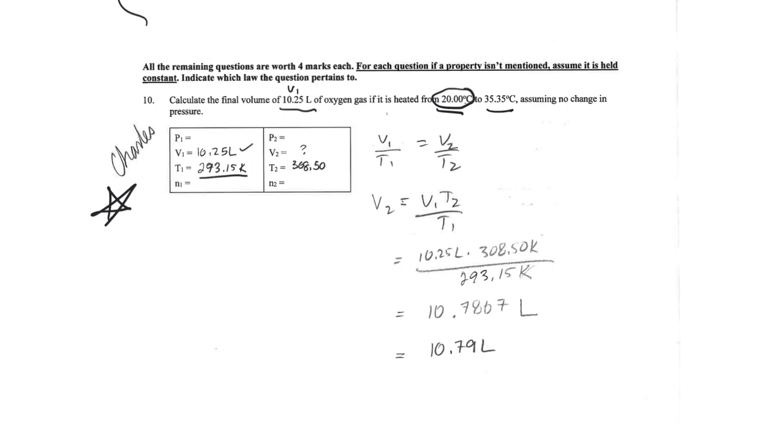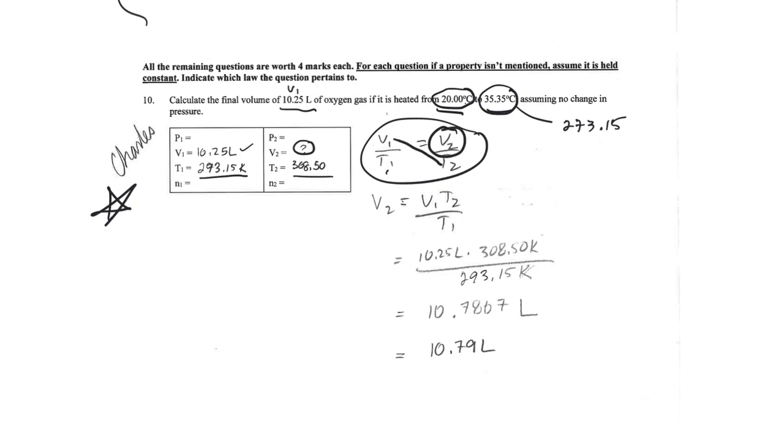So there it is in Kelvin. They want to know what the second volume is if the temperature is this. And again, we had to add 273.15 to that to convert that to Kelvin, and that's what that is. And then you use Charles's law, solving for V2, this one. So it'll be V1 times T2 divided by this one.